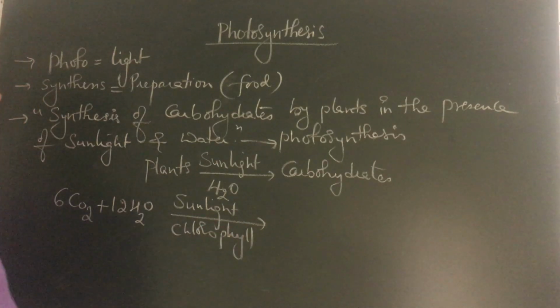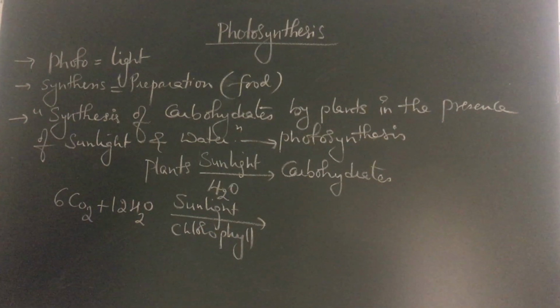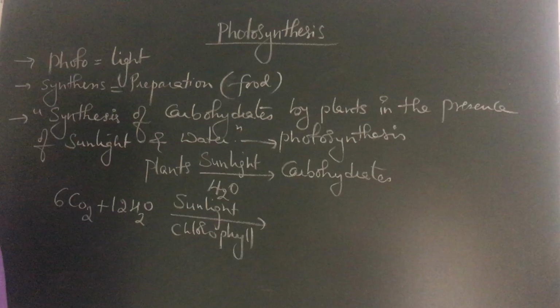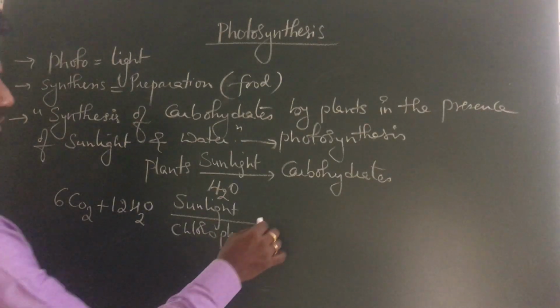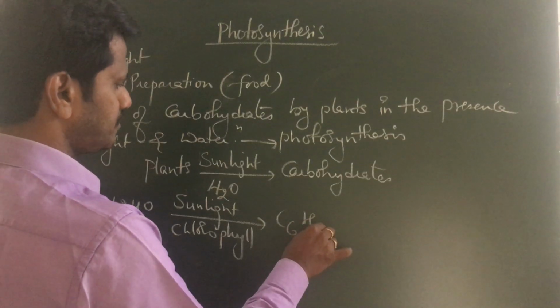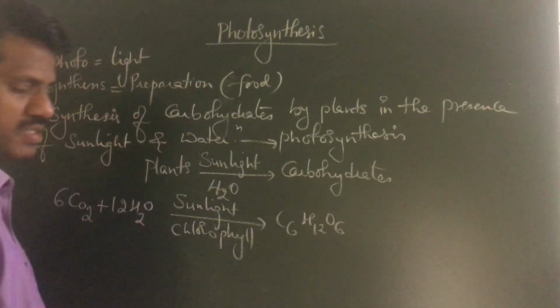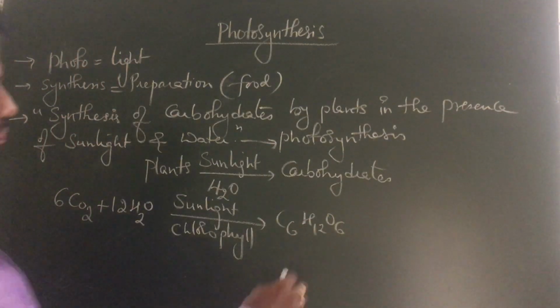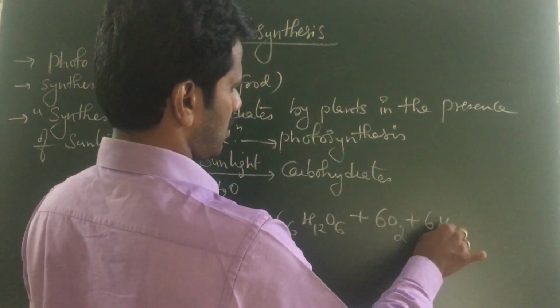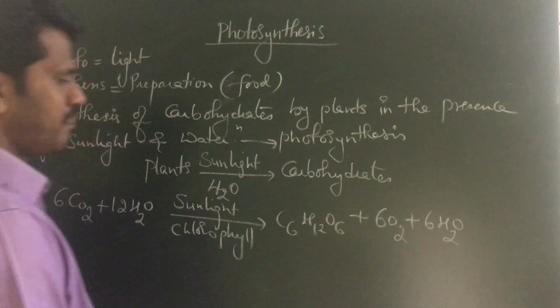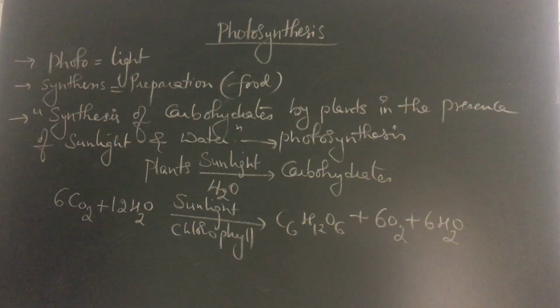Chlorophyll is the chief pigment for photosynthesis. The products are glucose, C6H12O6, oxygen and water. Okay, so this is photosynthesis.